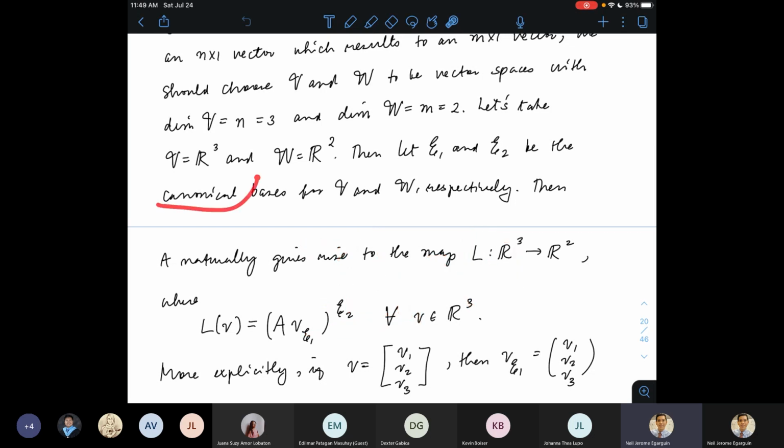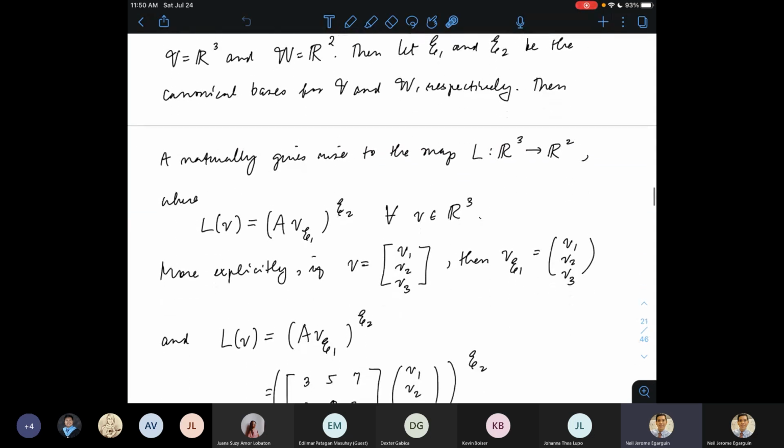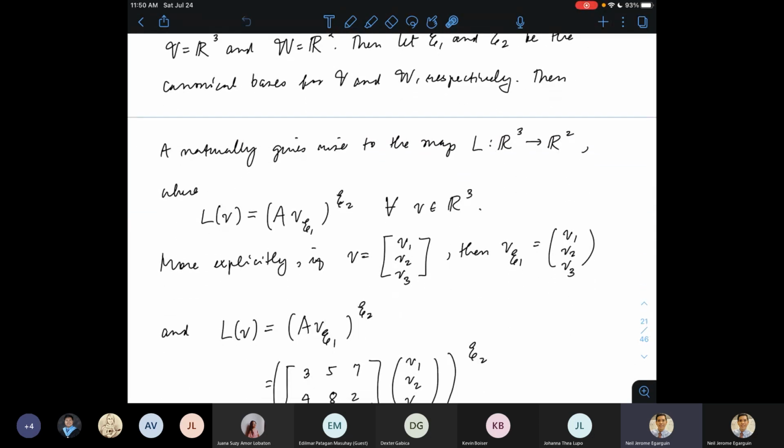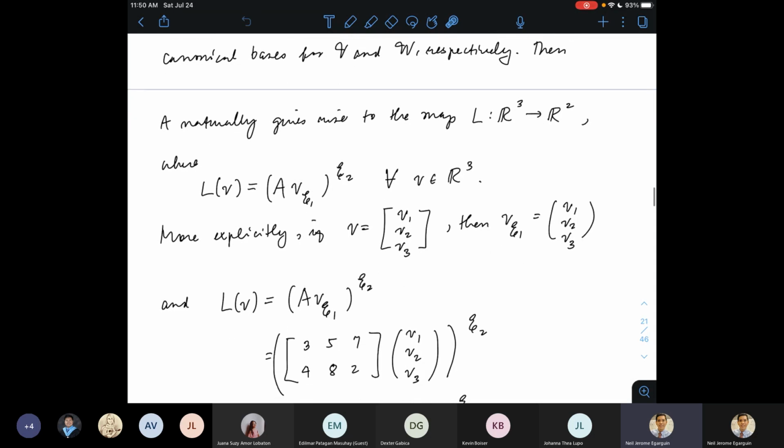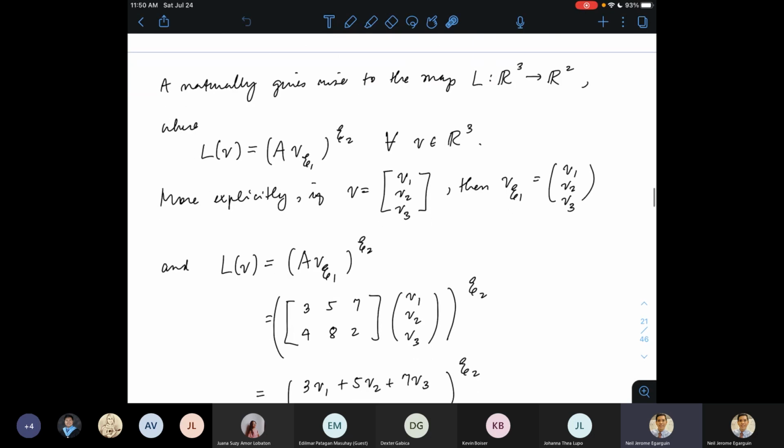And that's why they are called canonical bases, because they are the natural representation of vectors, okay? But again, sometimes canonical bases might be unstable, so we sometimes opt to use some other bases. So essentially, those choices of V, W, and canonical ordered bases give rise to the linear map L from R3 to R2.